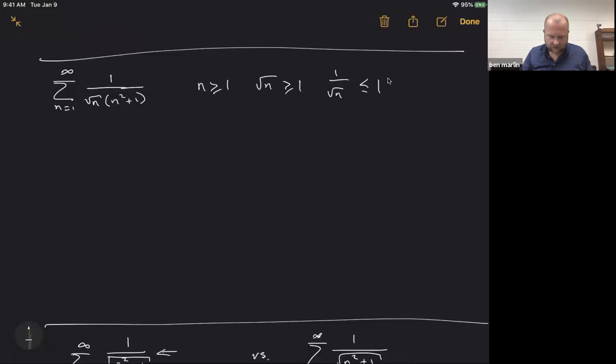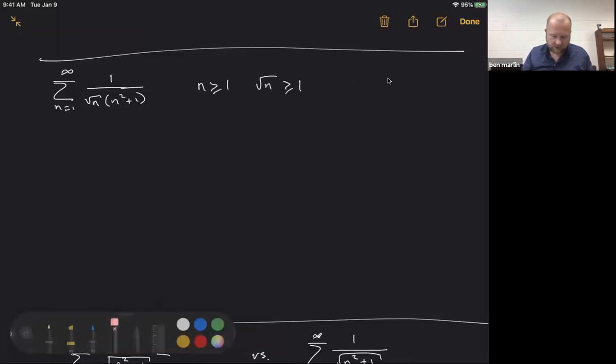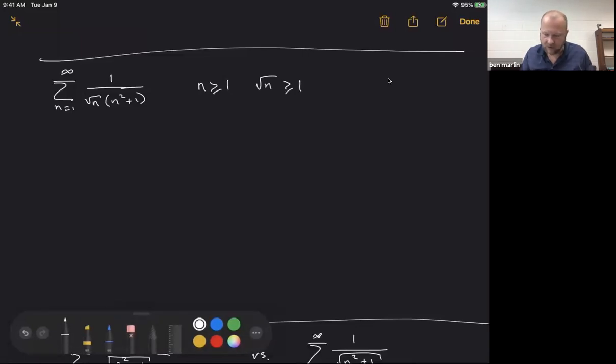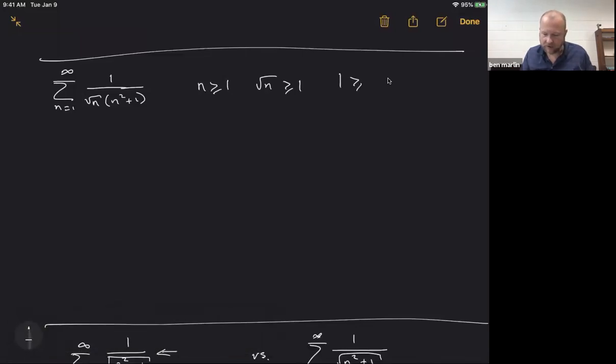I don't like how I wrote that, so forgive me as I rewrite it in the other order, so that we'll have 1 is always greater than or equal to 1 over the square root of n. If you've never dealt with mathematicians before, we are all a little bit OCD. But that's because, just like the previous example, when you take reciprocals of positive things, it switches the order, okay?